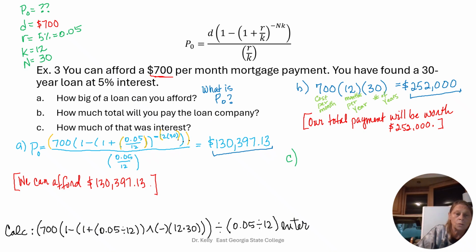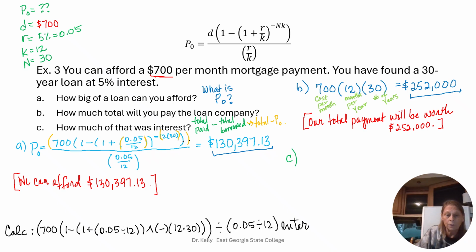It's the total paid minus total borrowed. In other words, the principal. So total minus P naught. I'll even write it like that, which is total minus P naught.